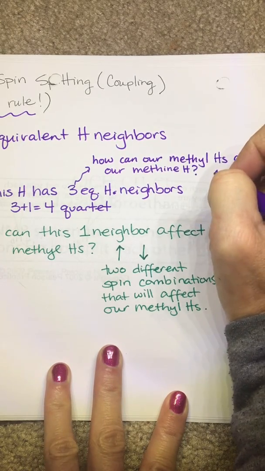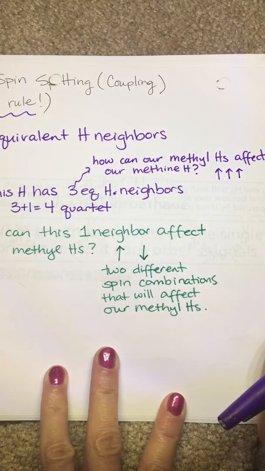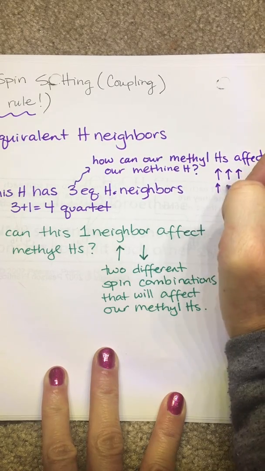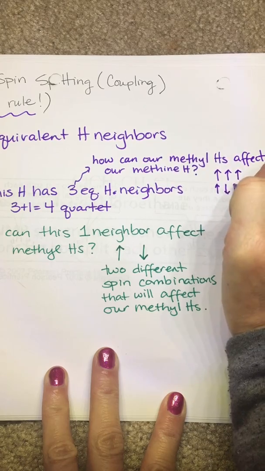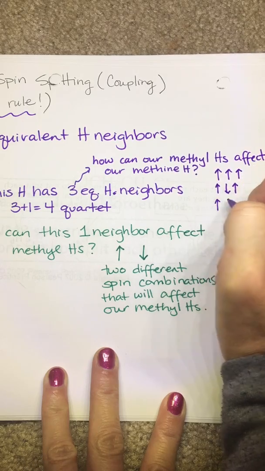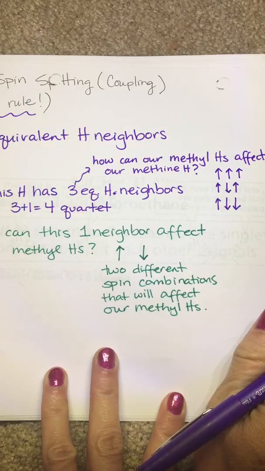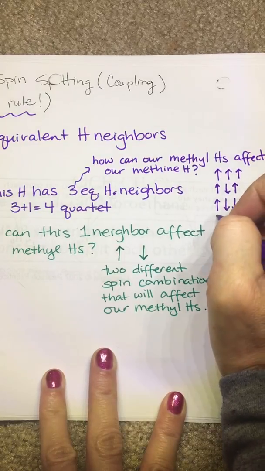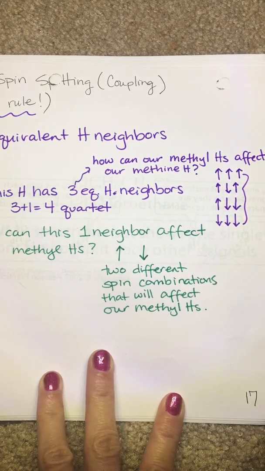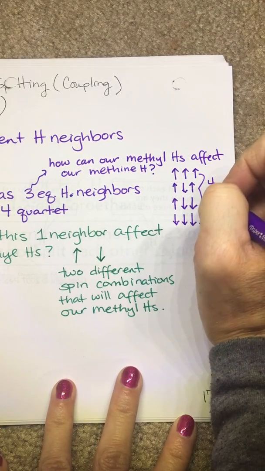For example, they could all be spinning up. That would be one combination for our 3 methyl hydrogen neighbors. One could spin up, one could spin down, and the third one could spin up. That's another combination. One could spin up, one could spin down, and the last one could spin down. That's another combination. The only other combination we could do would be all spinning down. So these are the 4 combinations.